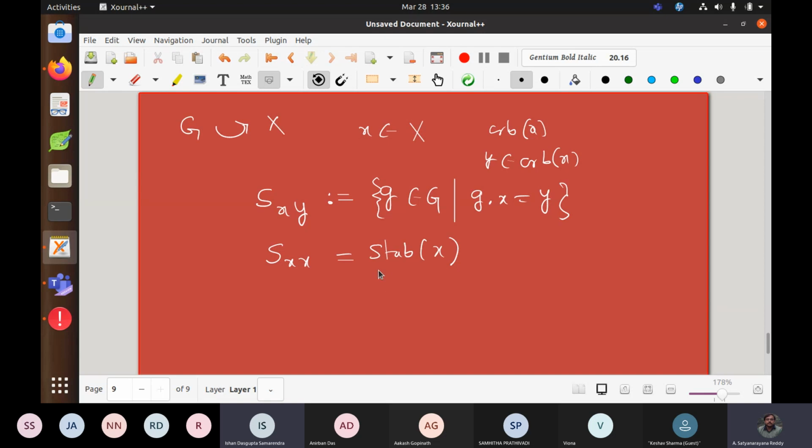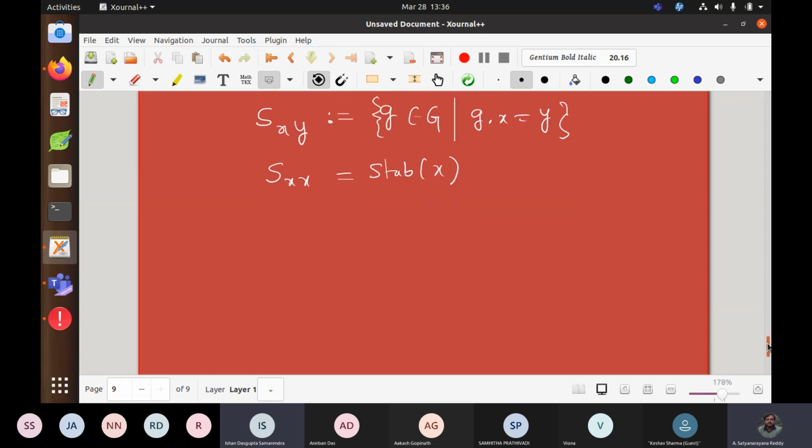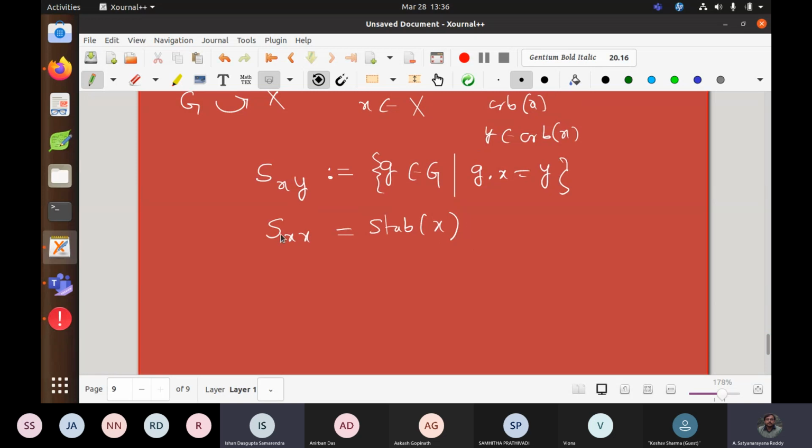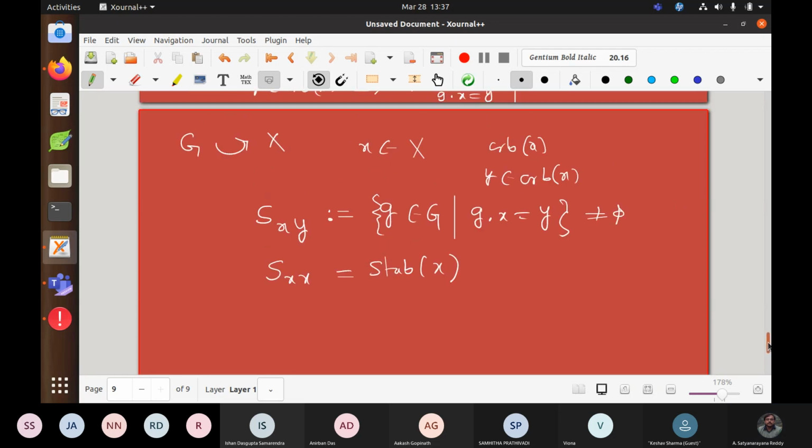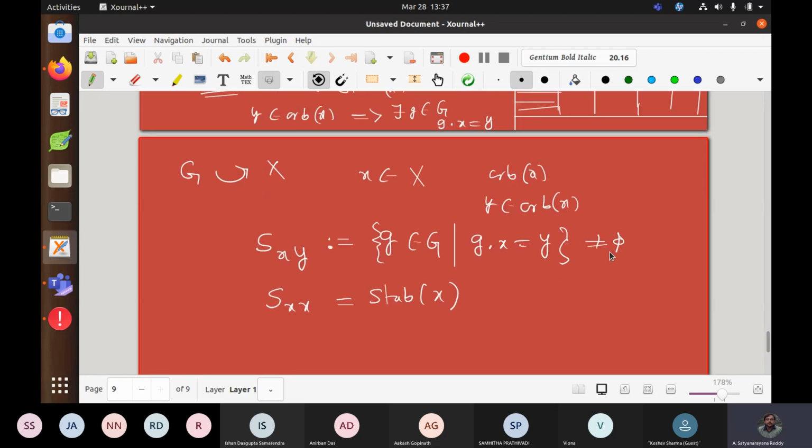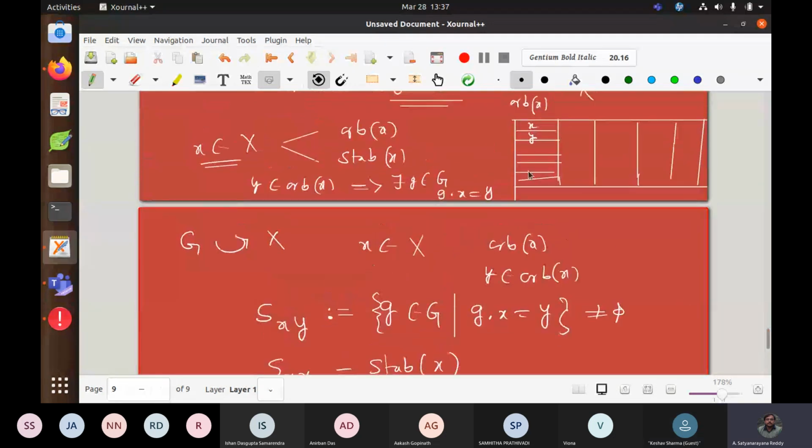Okay, so writing Stab is good, right? Anyhow, so stabilizer of X. First of all, this is non-empty, right? It is non-empty, I know. Yes. So can you somehow now tell me what is happening?